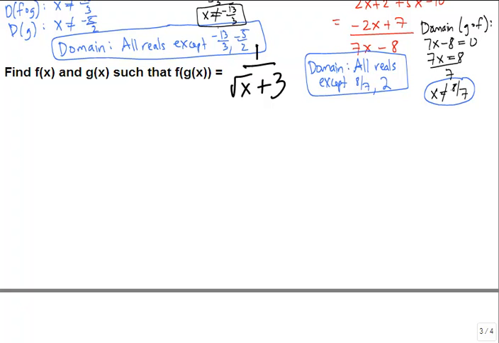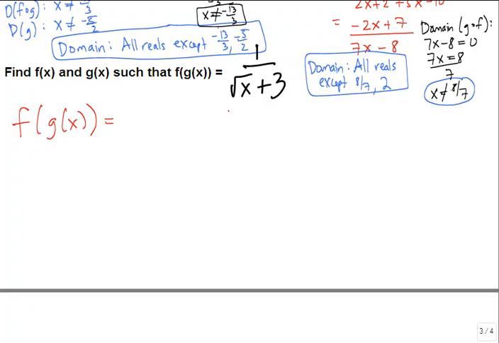So one way to think about this is if we're looking for f composed with g, that means we're taking some expression, some stuff, and we're plugging that into f. And this is what we want to end up with. So sometimes what I'll do when I'm trying to figure this out is I'll think of this as different pieces. And if you were to evaluate this, what would be, say, the first piece that you would probably evaluate?